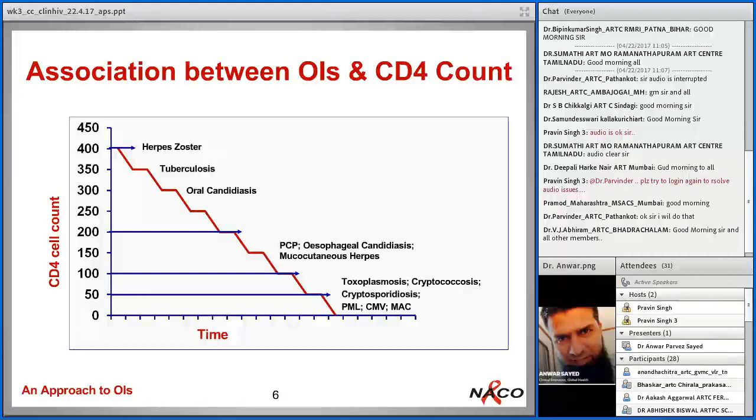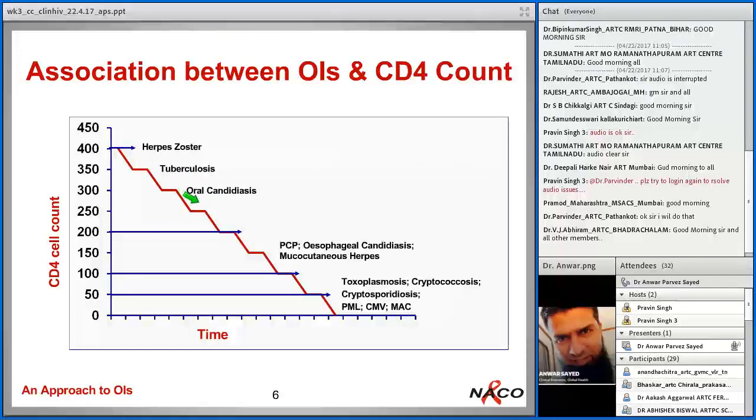Below 200 you will see multiple OIs like PCP, esophageal candidiasis, and mucocutaneous herpes. Now you will see the same things here also. You are seeing oral candidiasis here, herpes zoster here, but this is of course herpes simplex. So the presentation will differ.